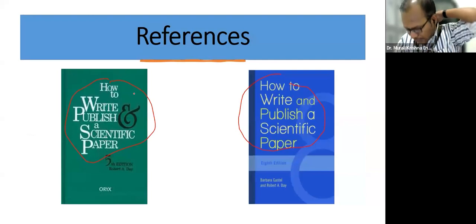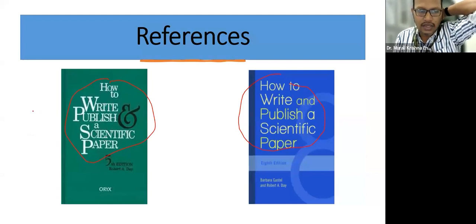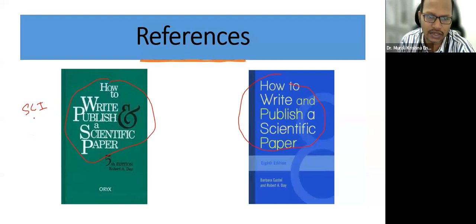Okay, you are talking about the indexing of book chapters. There are different indexes: SCI indexing, Scopus indexing, even Web of Science indexing. So when we are publishing any kind of research article, we need to look at whether it is indexed or not. Even for book chapters, we need to look at whether they are indexed or not.